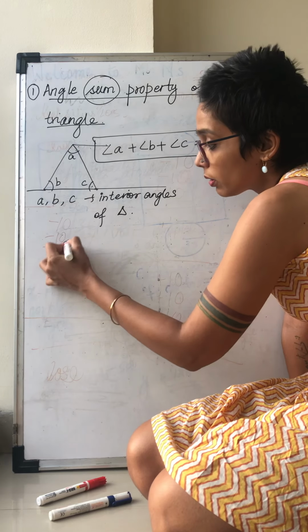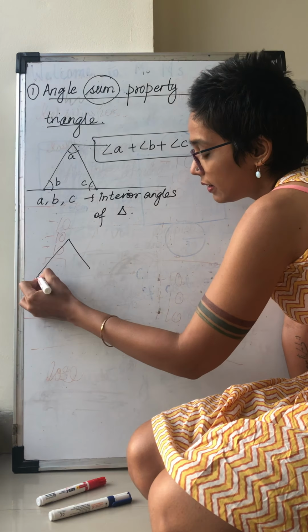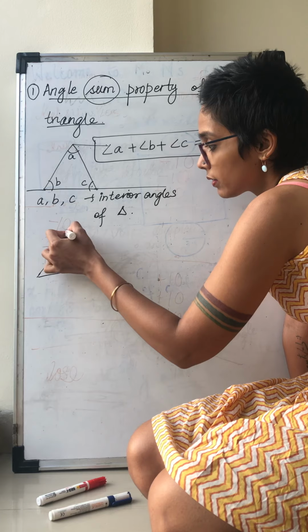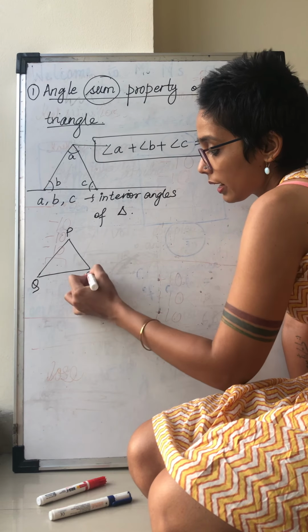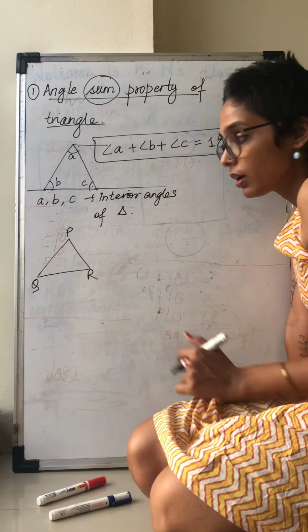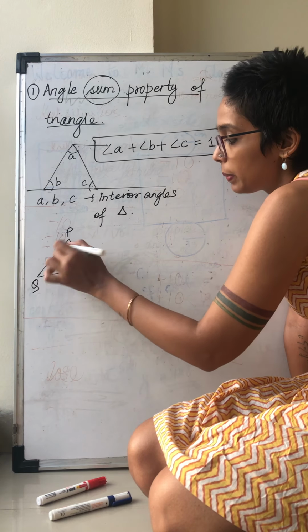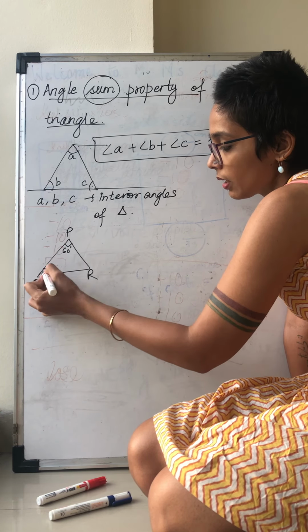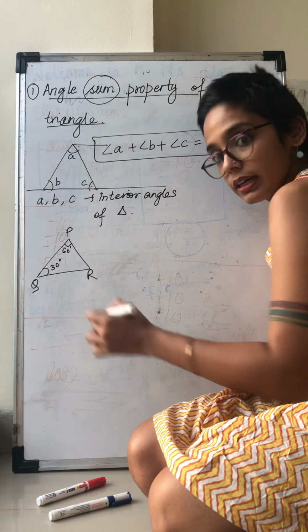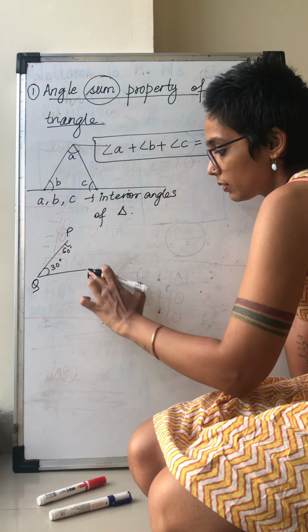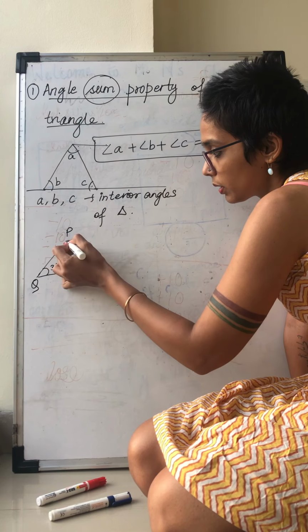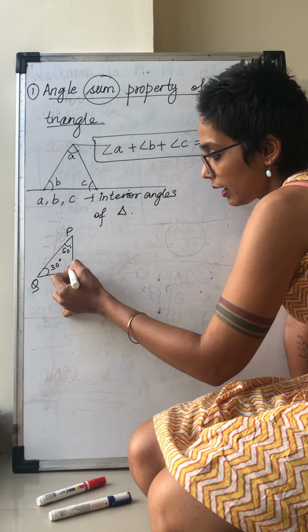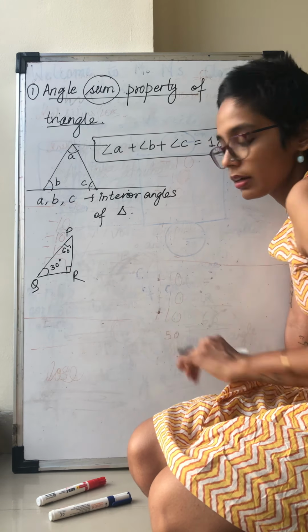Now you need to know how to read these angles. For example, if I say triangle PQR, angle P is 60 degrees, angle Q is, suppose, 30 degrees. So I have to make this a right angle, and angle R is 90 degrees.